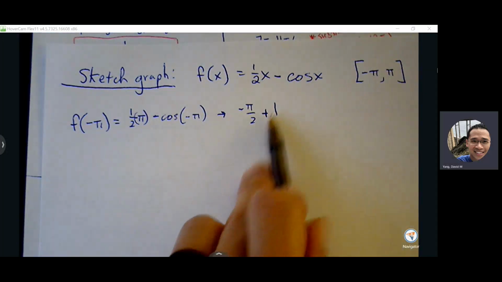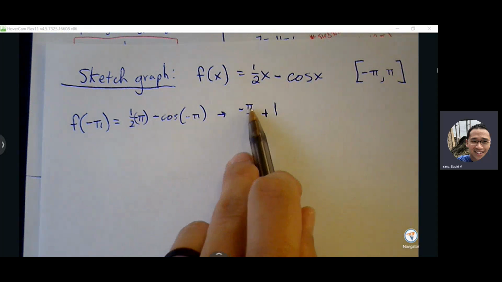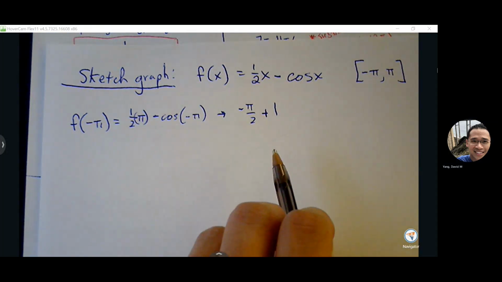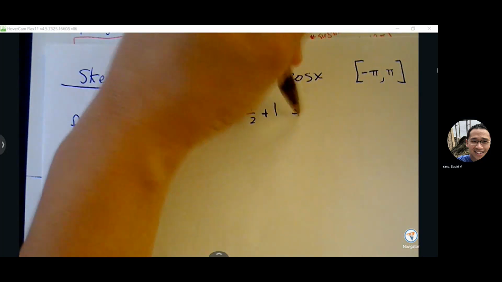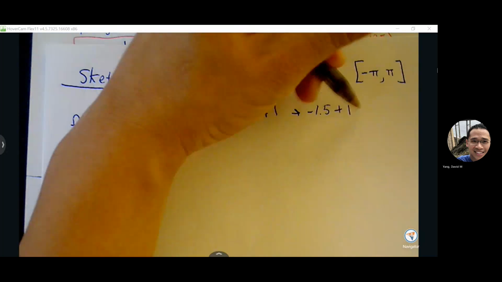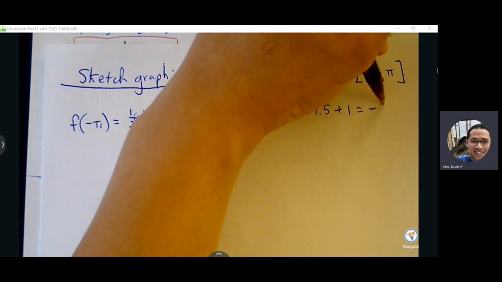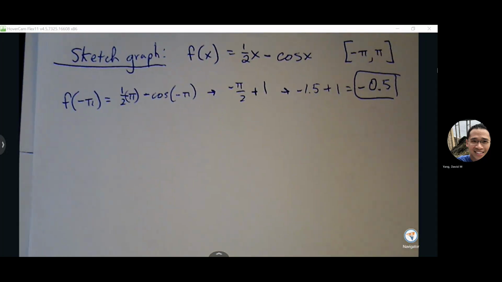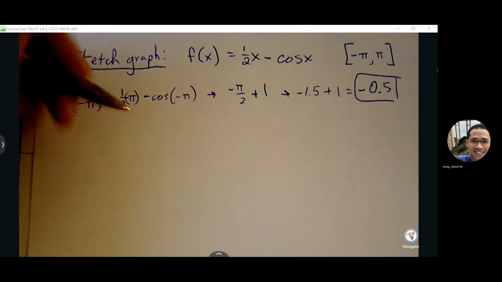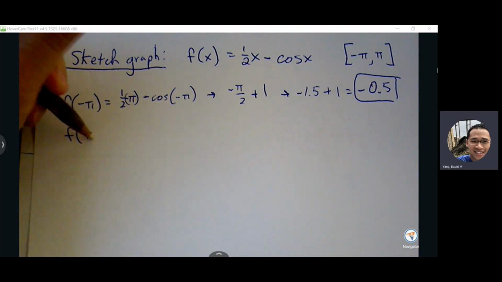Okay, so let's do a decimal approximation. Anytime you see pi, what's the easy number for us to replace that with? 3. So this is negative 1.5 plus 1, so negative 0.5. Okay, let's see where we want to end up here. f of pi.